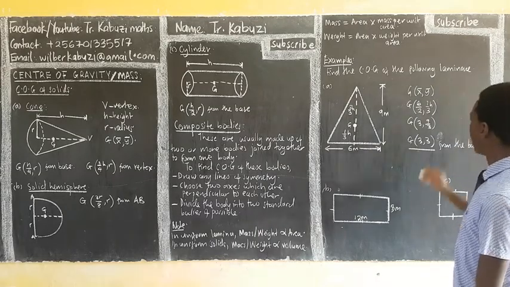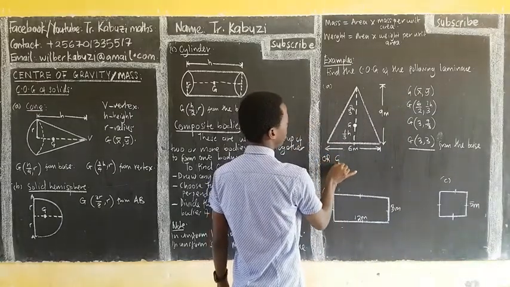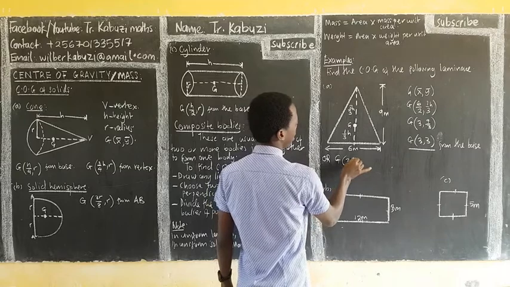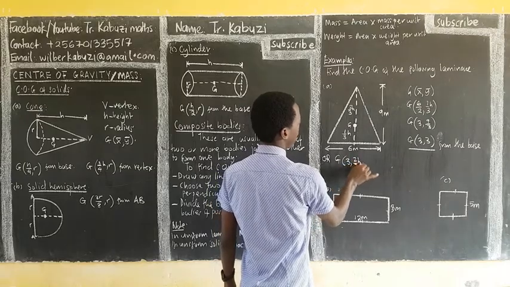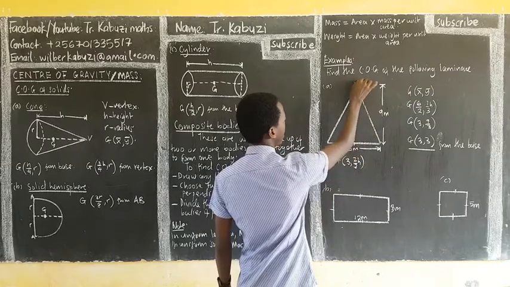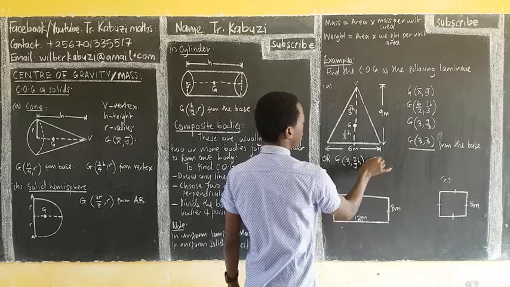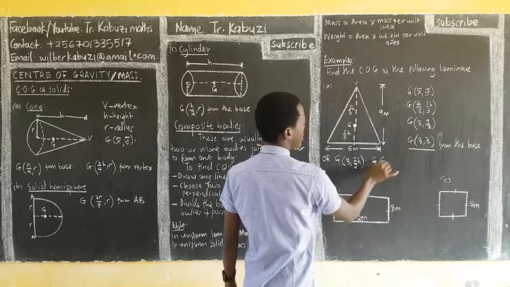Another way, you can get your y as 2 over 3 of h. Now here, I'm using this from the vertex, which is going to be 3 for x.